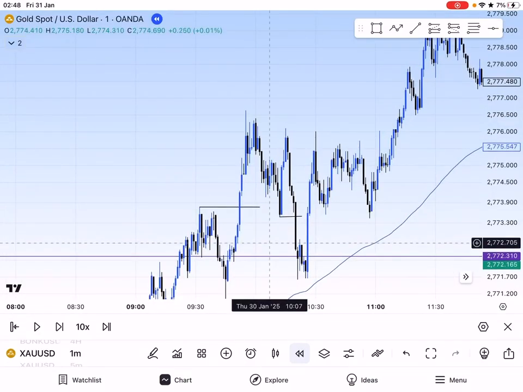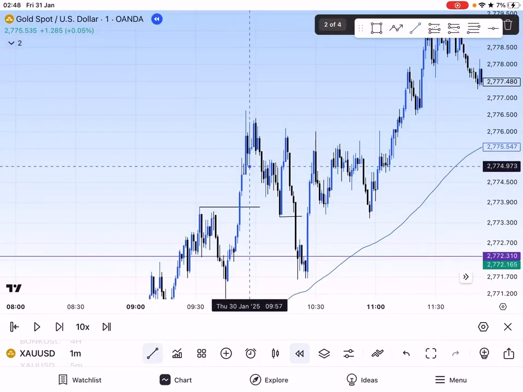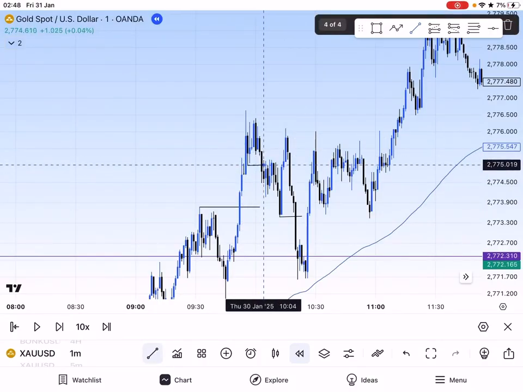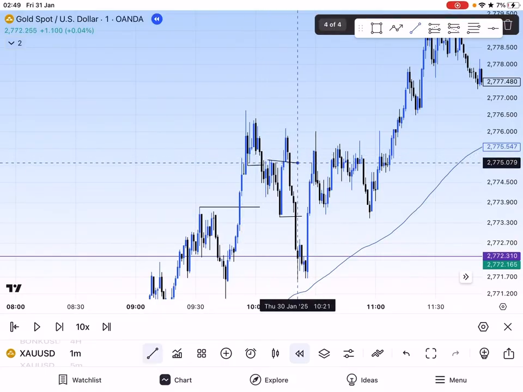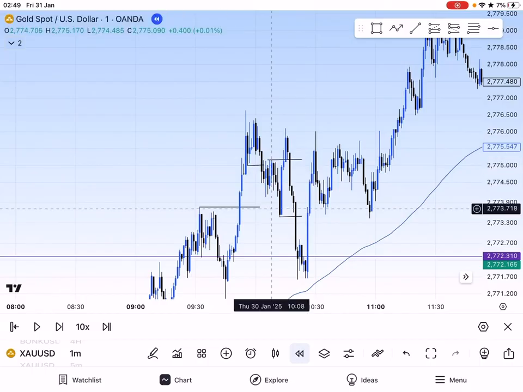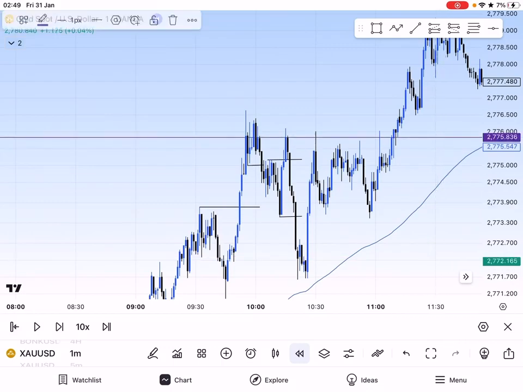So see this sell setup, we kind of had a change of character here, and we had the inducements here, and you can see this bullish move that came all the way to take the inducements and tap into an SNR zone here.